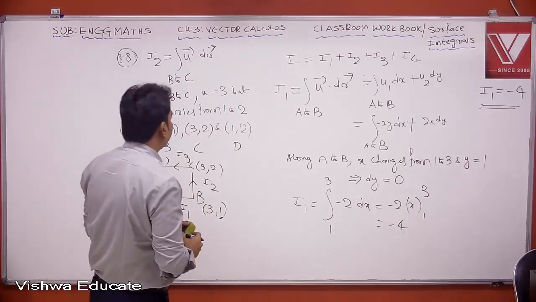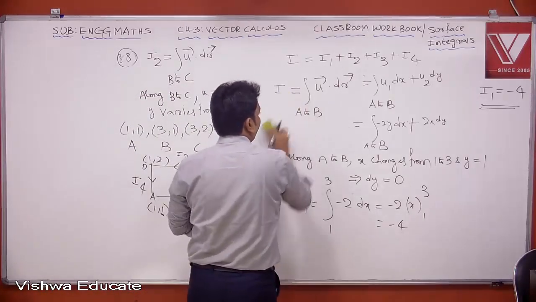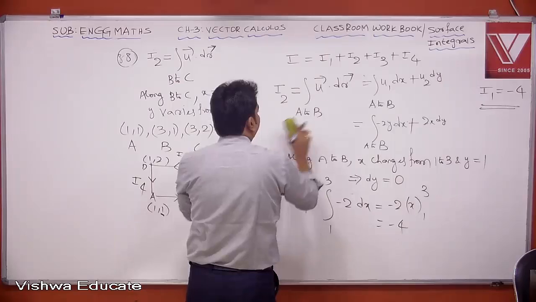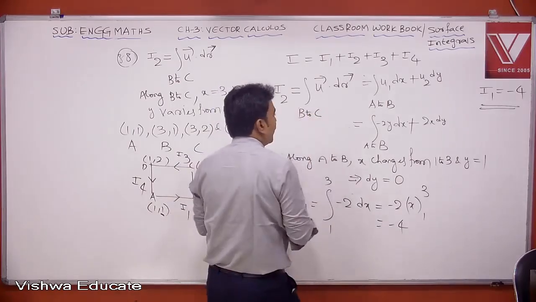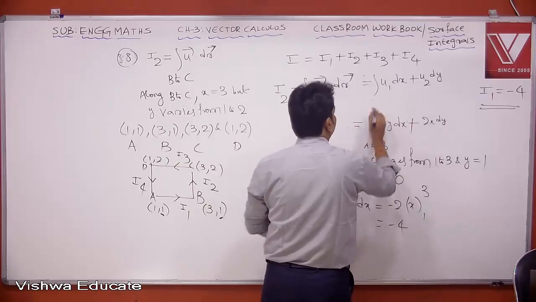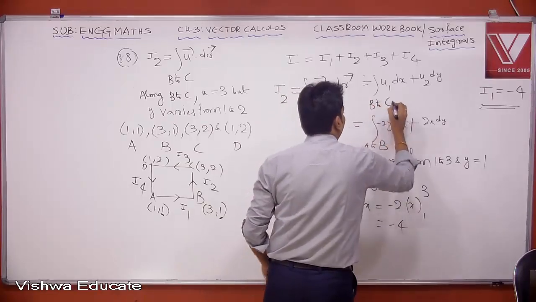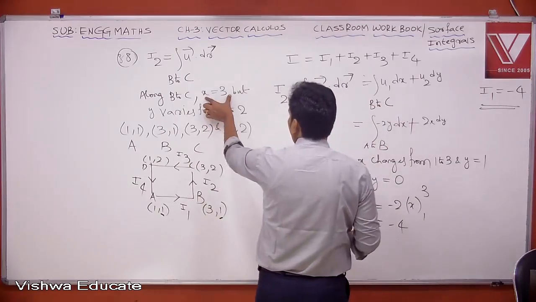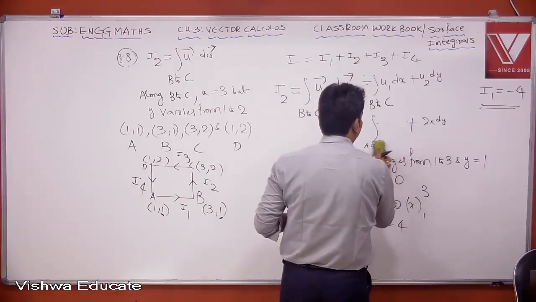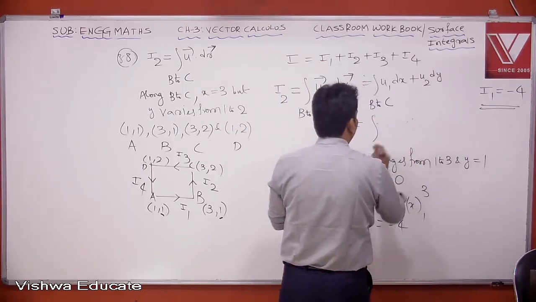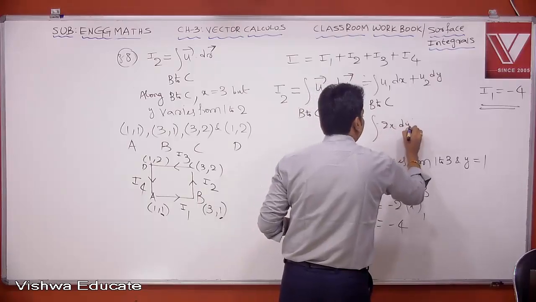Therefore, this I2 becomes integral U2 bar dr bar from B to C. But here x is 3, x is 3 means dx becomes 0, so you will not find this quantity. So this becomes 2x dy.